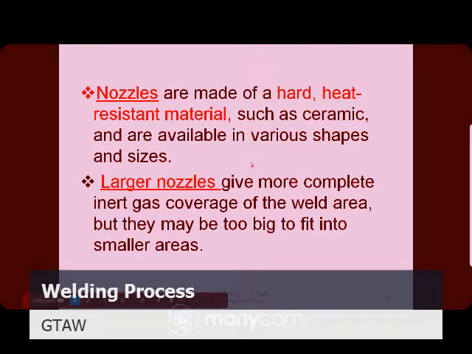There may be a large nozzle or a small nozzle. The nozzles are made of what? Because at the tip of the electrode there is a high arc.